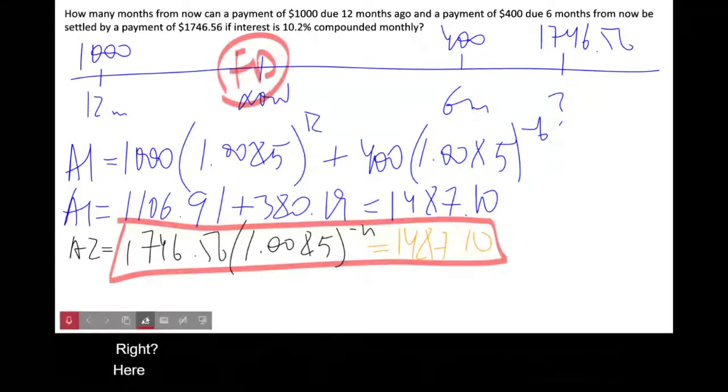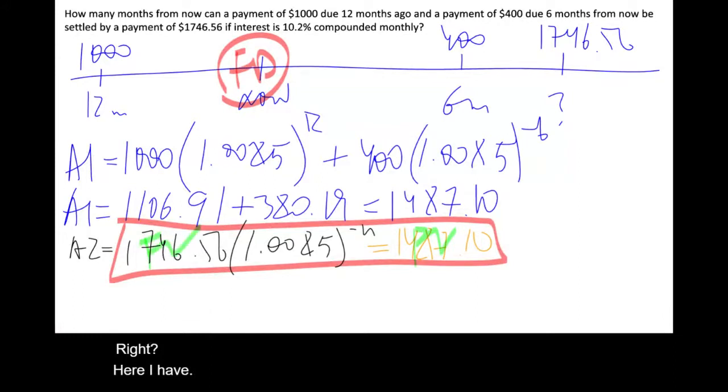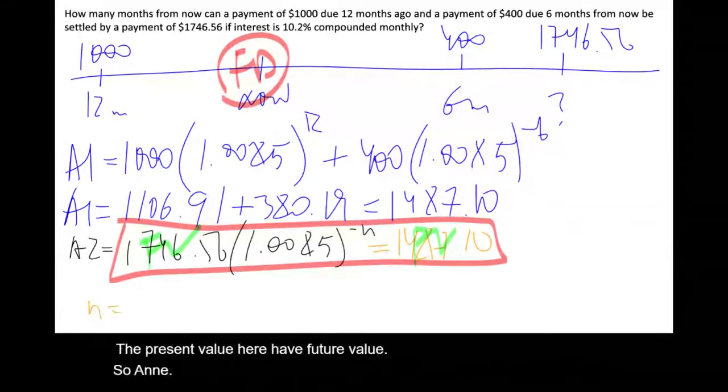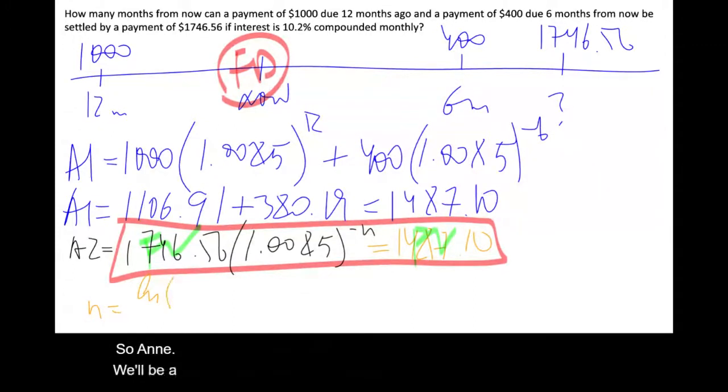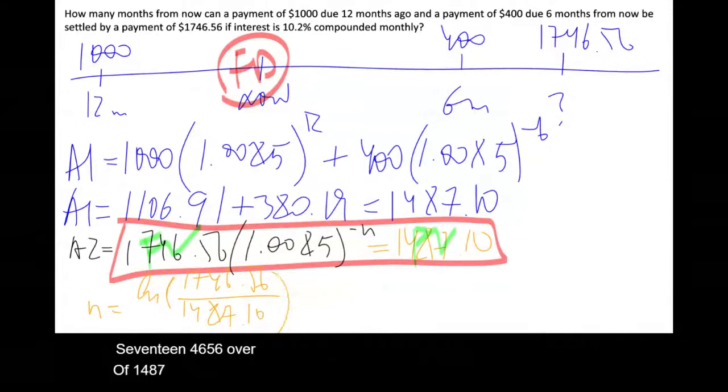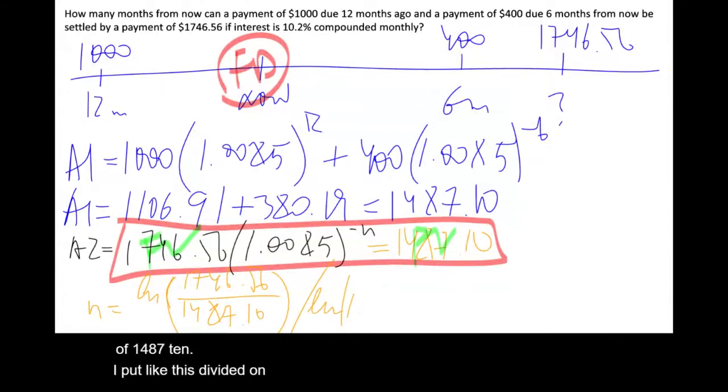Here I have present value, here I have future value. So n will be a logarithm of 1746.56 over 1487.10, divided by logarithm 1.0085.